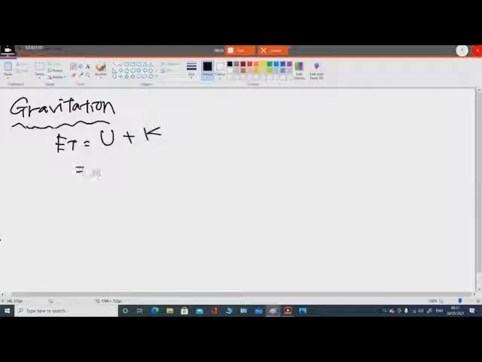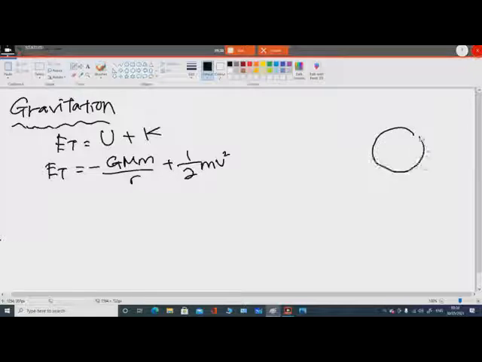So this one will be negative GMm over R, plus half mv squared. This is our total energy, just as a reminder. Consider we have a rocket here. This rocket is about to move against the gravitational pull until the infinity point in outer space.